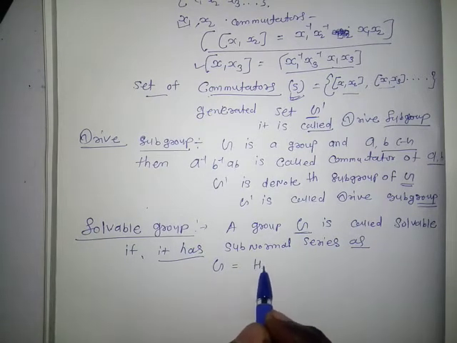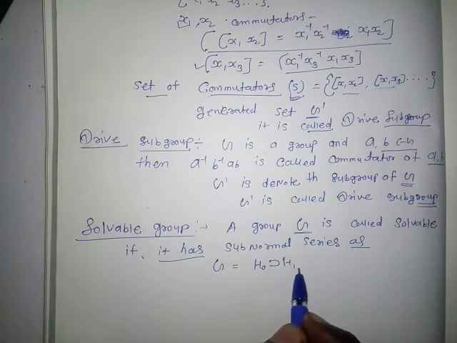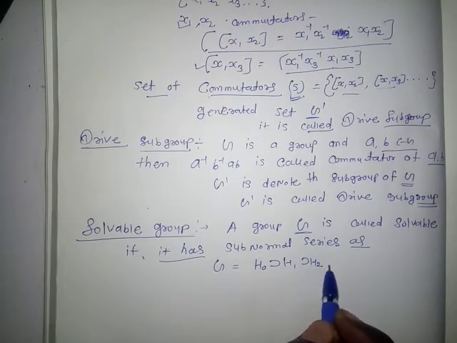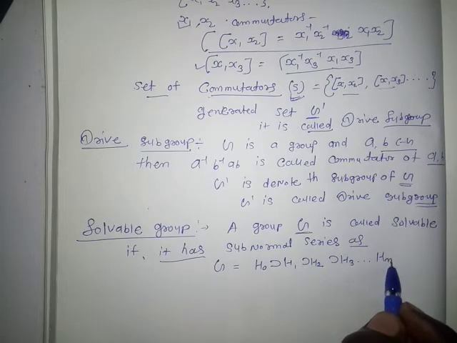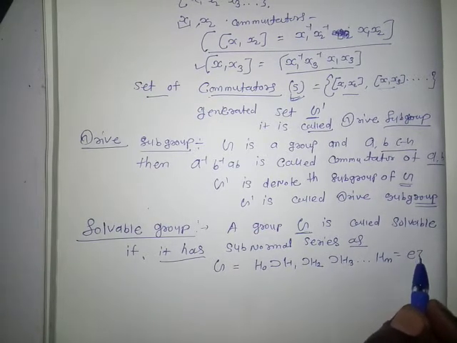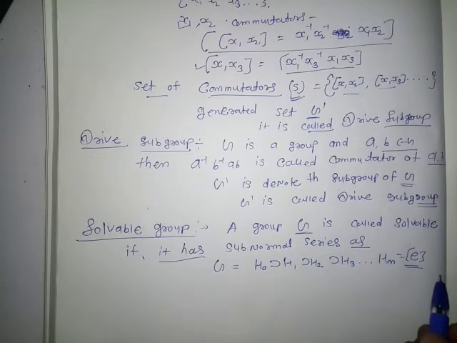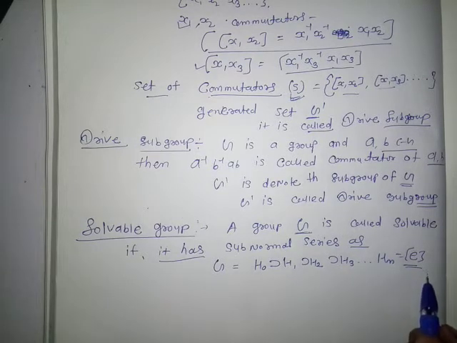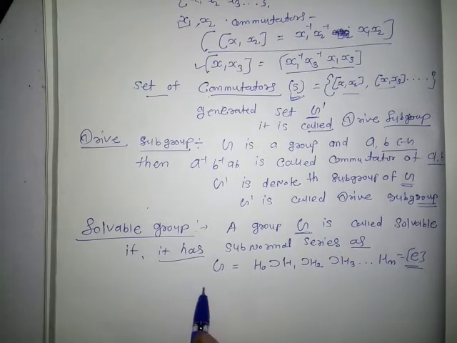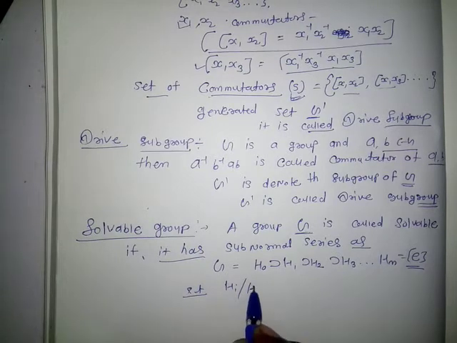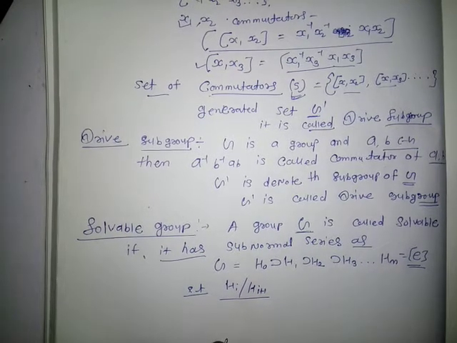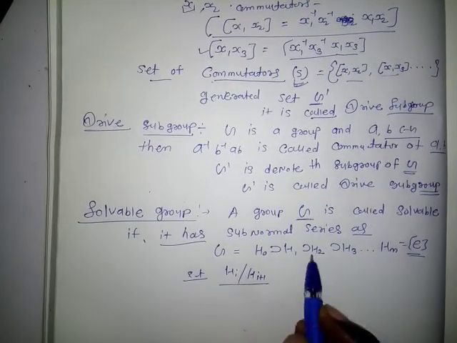H0, H1, H2, H3 and so on down to E, where E is the identity element of group G, students, such that each factor Hi over Hi plus 1 is an abelian group.